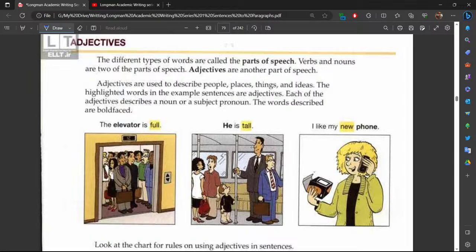This man here is very tall. The tall describes this person, he, the subject pronoun. I like my new phone. The new describes the phone. The phone is new.